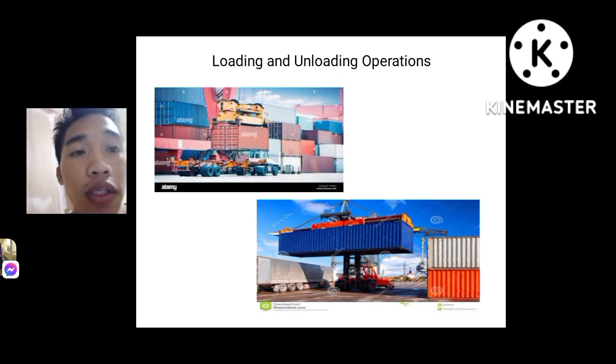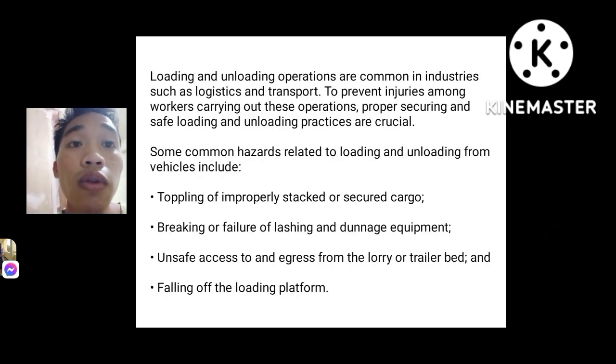This is a picture of the loading and unloading. Loading and unloading operations are common in industries such as logistics and transport. To prevent injuries among workers carrying out this operation, proper securing and safe loading and unloading practices are crucial.